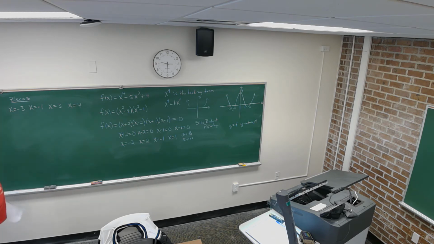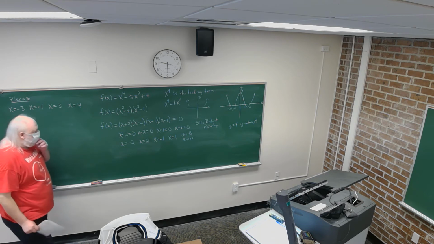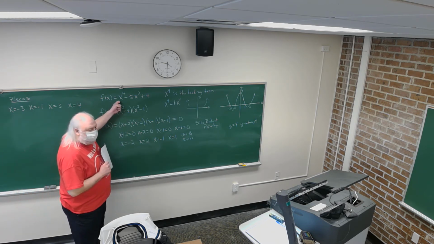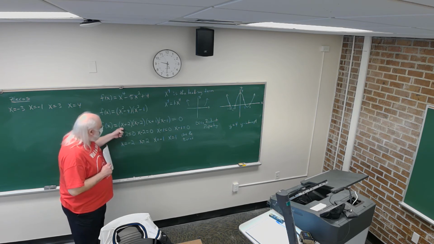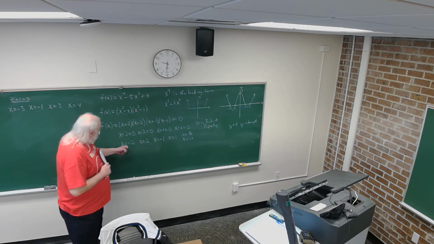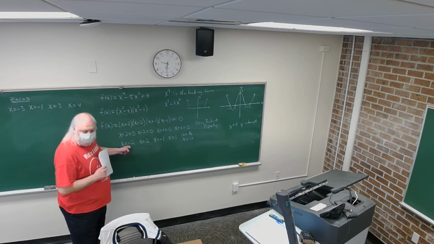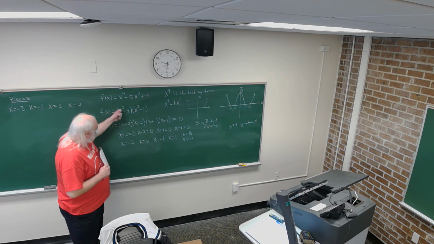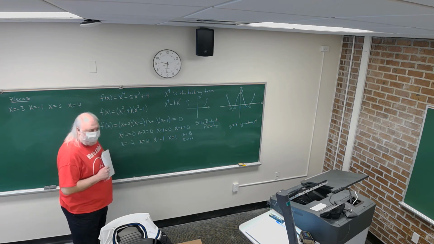Now we're going to do something in reverse. Over here, we start with the polynomial function. We factored, set the right-hand side equal to 0, applied the zero product property to get the zeros of the polynomial function. Here we're given the zeros, and now we're going to go backwards and write the function as a product of factors.